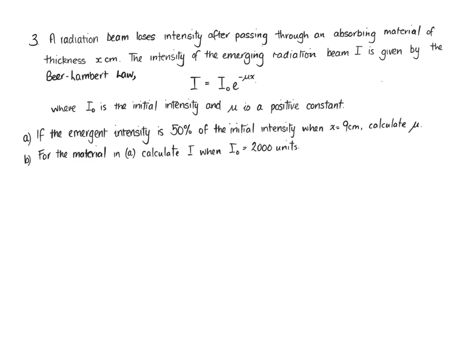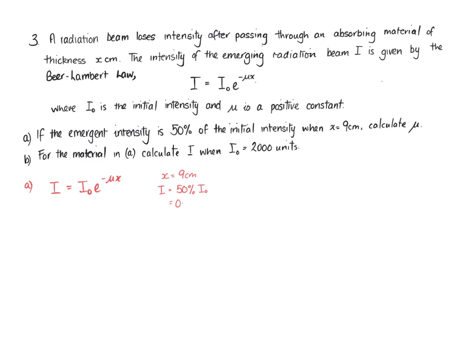So we know what we're heading for. We need to use I equals I naught e to the negative mu x. In the question we've been told that x is equal to 9 centimeters, and that the emergent intensity, the I when it comes out, is equal to 50% of the initial intensity.